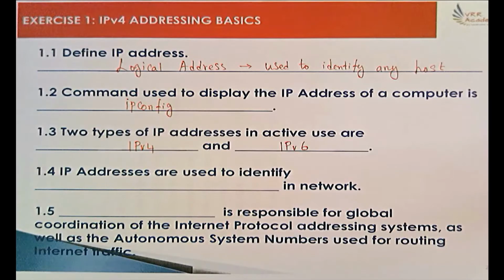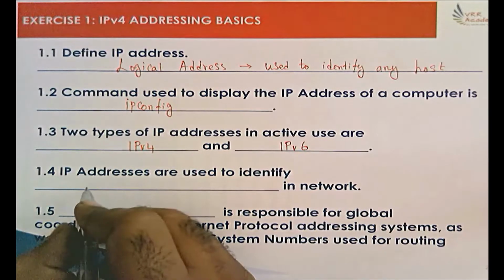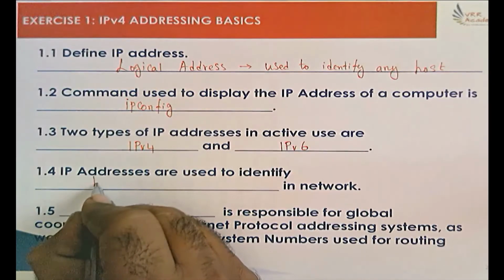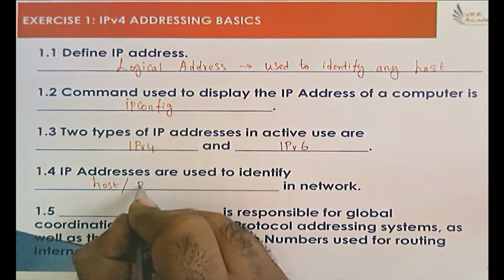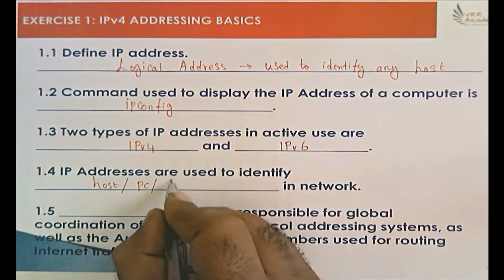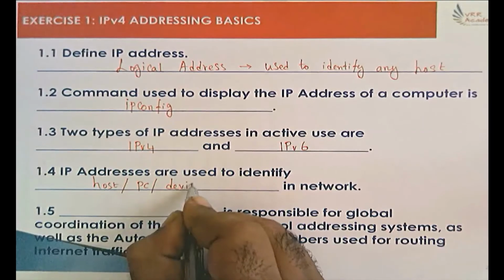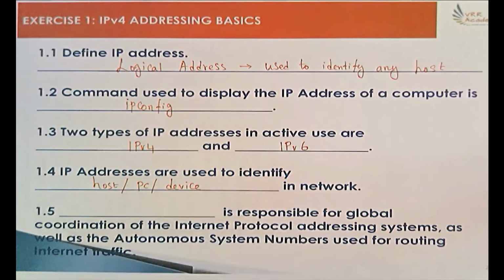You can write any of the terms here: used to identify a host or a PC or a device. You can use it to identify any of these in a network.